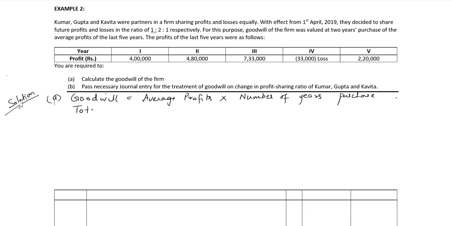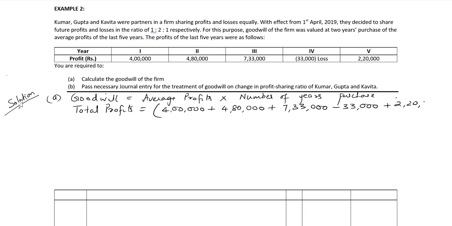Here the total profits for the past 5 years: rupees 4 lakh plus rupees 4 lakh 80,000 plus rupees 7 lakh plus 33,000. It's a loss of 33,000, so minus 33,000, plus 2 lakh 20,000. This is equal to total 18 lakh.